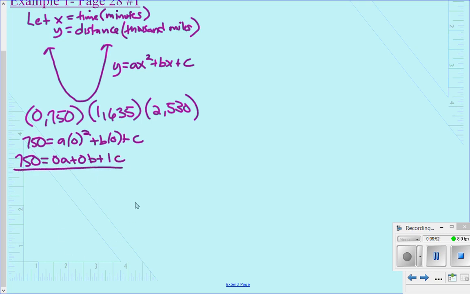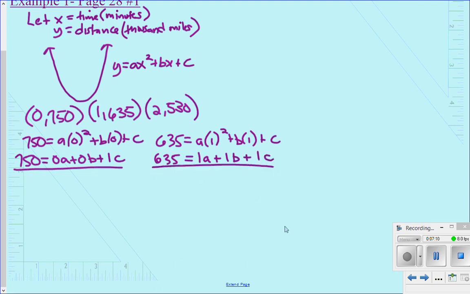My second equation, 635 is equal to a times 1 squared plus b times 1 plus c. 635 is equal to 1a plus 1b plus 1c. And the last equation, 530, is equal to a times 2 squared plus b times 2 plus c. So 530 is equal to 4a plus 2b plus 1c. So those are my 3 equations.